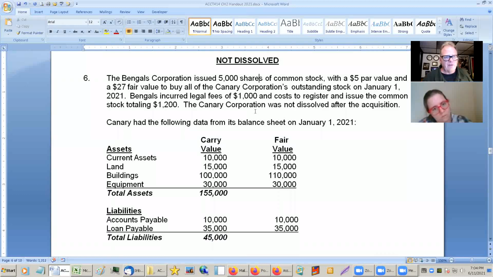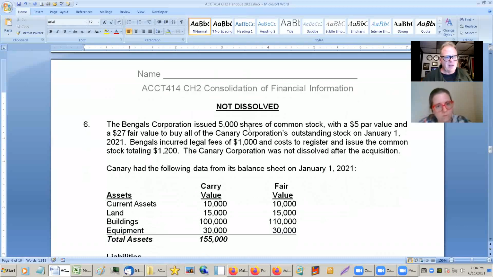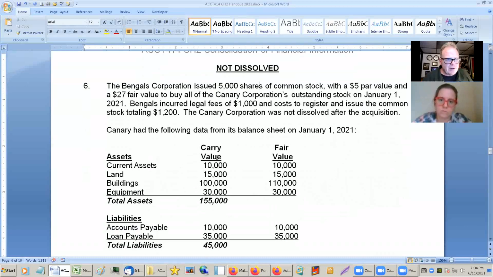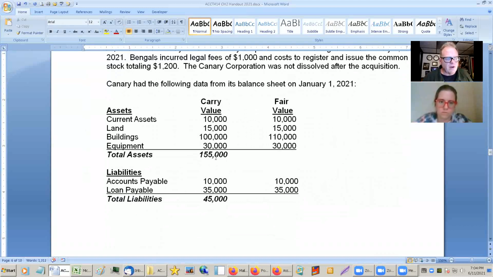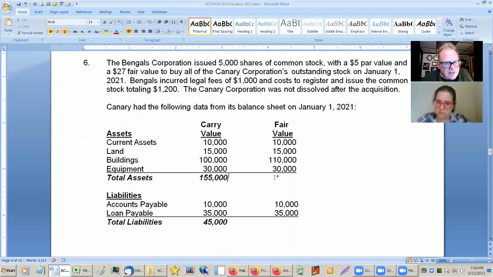Whatever you pay, whatever the consideration paid is, this is the same one. No, it's different, a little bit. No, because this one's not dissolved. No, but I mean the dollar amounts. These aren't, oh, no, not exactly the same. $165,000.